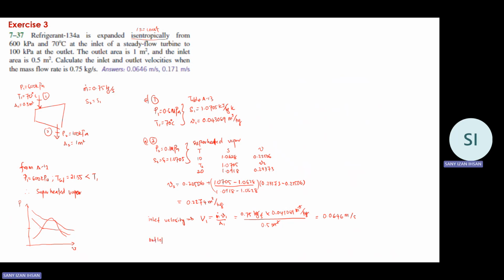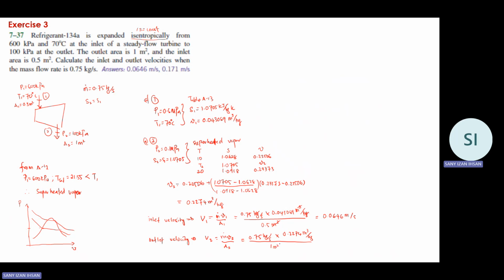We can continue with the outlet velocity, which is V2, same mass flow rate because we have only one inlet and one outlet. We have specific volume for state 2 of the outlet, and we have also the area of the outlet, which is 0.75 kilogram per second multiplied by, we calculated already, 0.2274 meter cube per kilogram, and all divided by 1 meter squared.